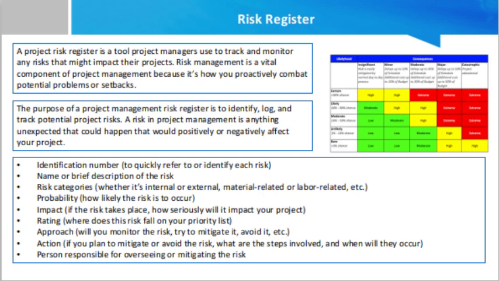Now, how to create a risk register? To create a risk register, all you need to do is build a table with the columns we discussed and start populating it with project risk. Risk categories: the purpose of the categories is to help you sort risks to make it easier to monitor them and understand what they impact.